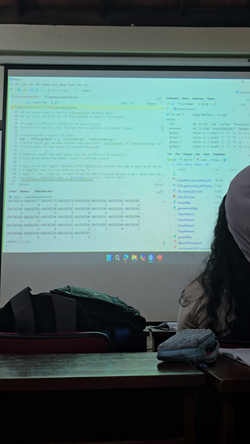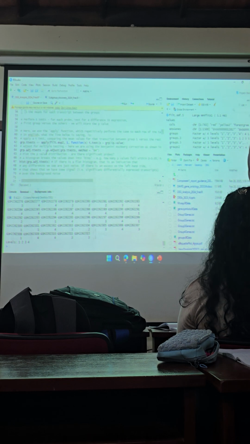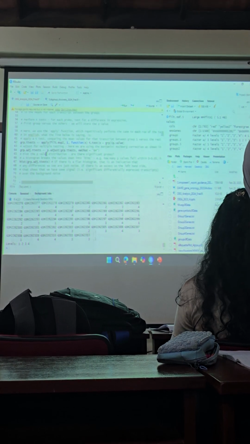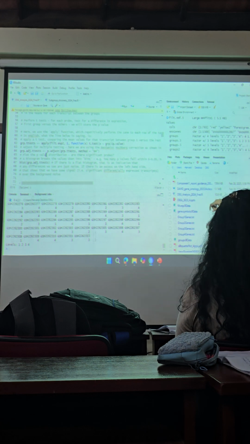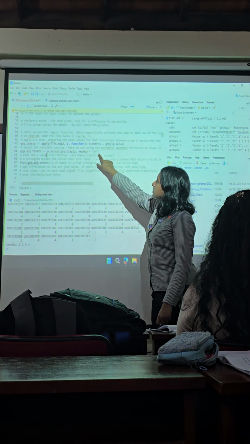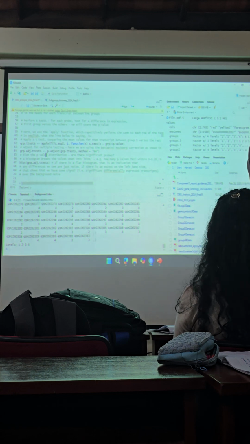You have to do a correction because you run into the multiple hypothesis problem, right? So what was the correction that we did? That is the Benjamini function. You have to do this after you get the p-values, right?